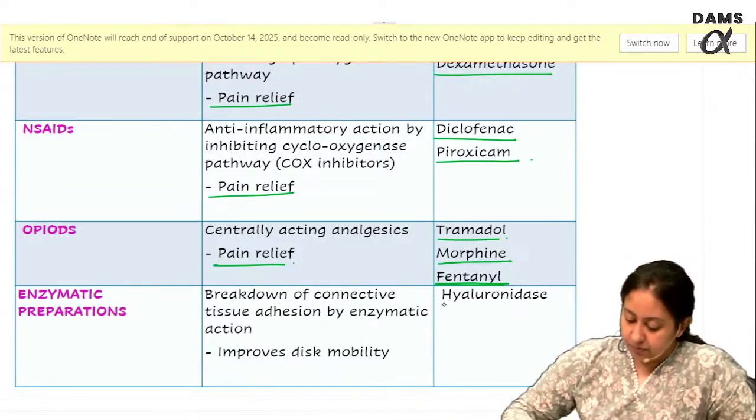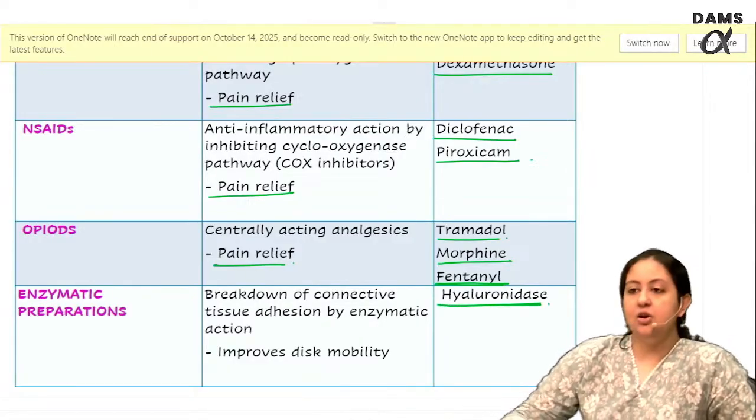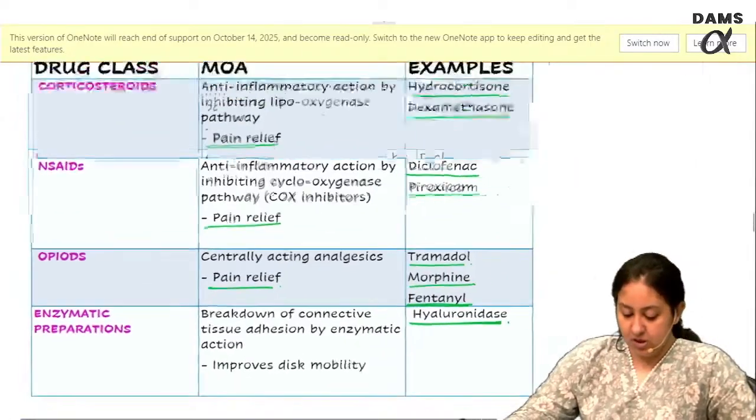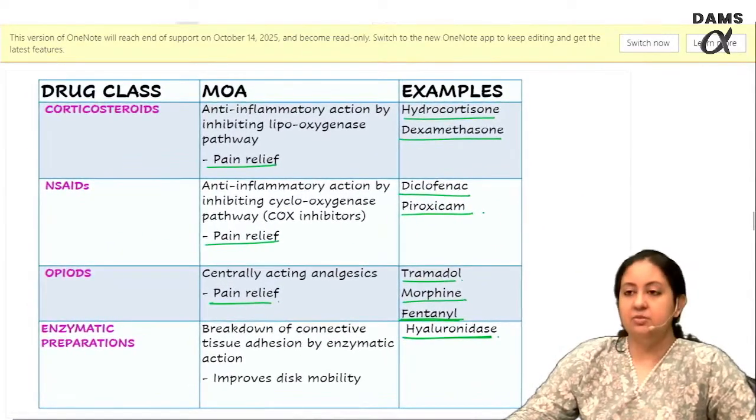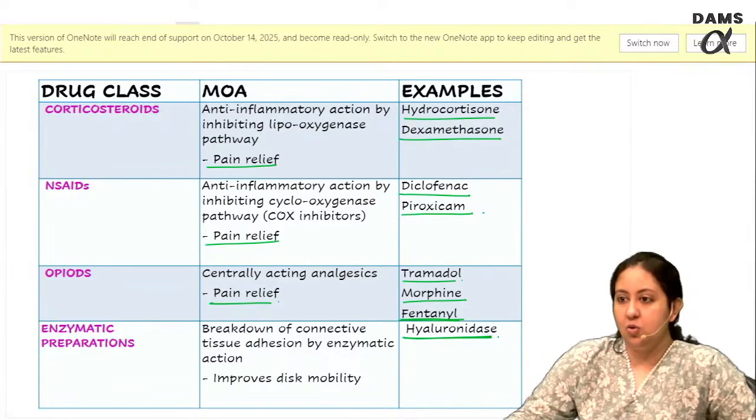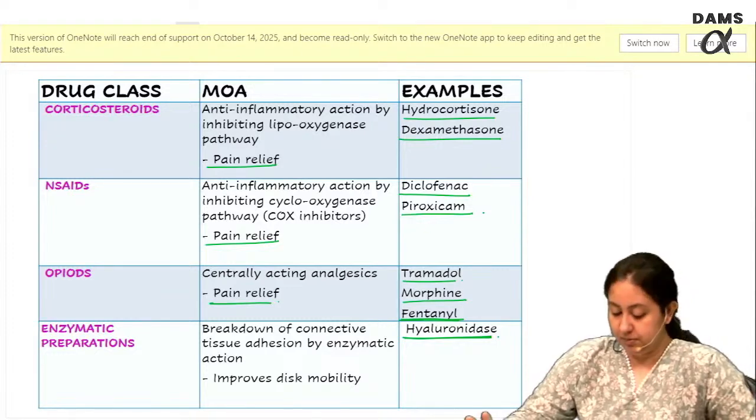The example is hyaluronidase. So this is an important table. Questions have been asked previously, so you can take a note of this. HS, SR, I hope you both have understood. Please let me know.